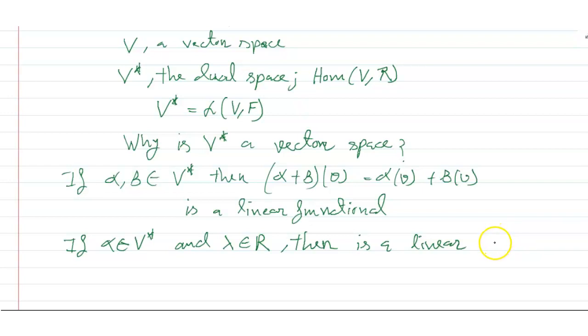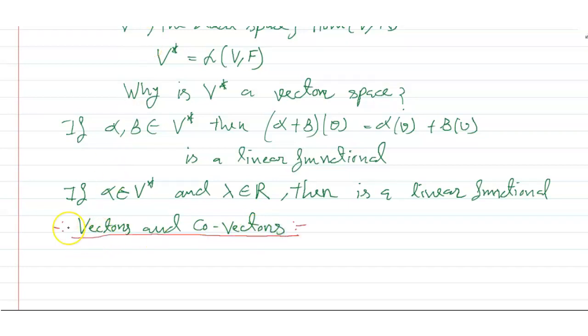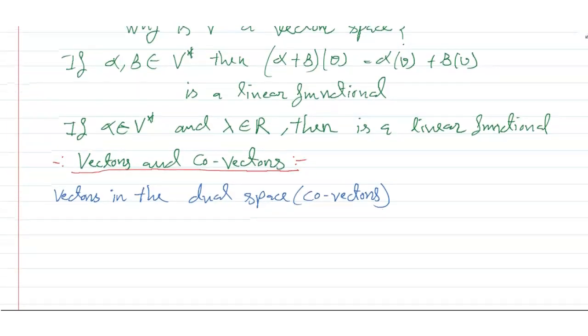Vectors and covectors. Now we discuss vectors and covectors. Vectors in the dual space are covectors. The terminology covector comes from the fact that it takes a vector and gives you a scalar.